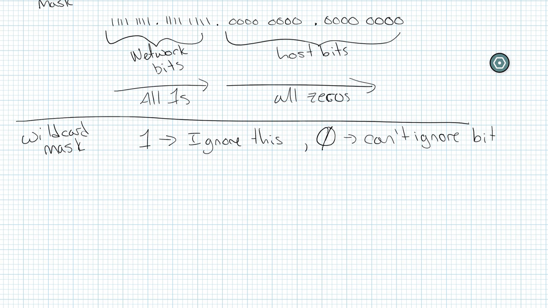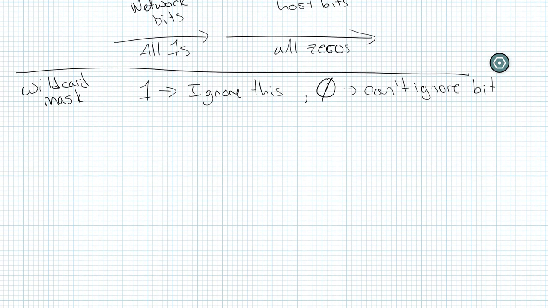Well, let's say, for example, we had a wildcard mask of 0.0.0.255. I'm going to write that out in binary, so we get 8 bits, 16 bits, 24 bits, and our last 8 bits are ones.